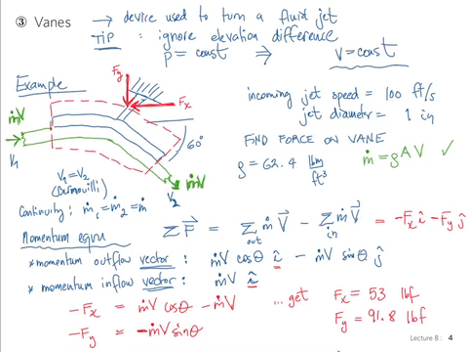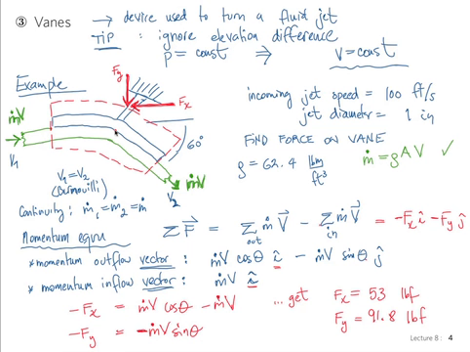And that is the force on the control volume, keeping the control volume in place. There's an equal and opposite reaction on the outside world, which is the force on that little beam or fixture that is keeping the vane in place.